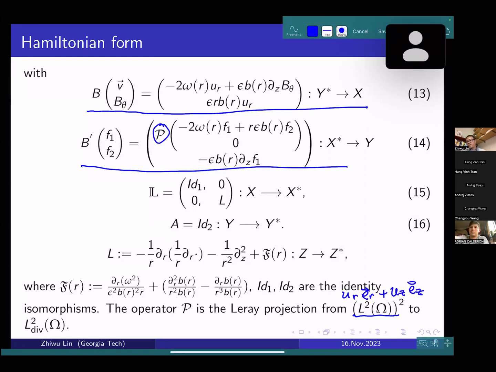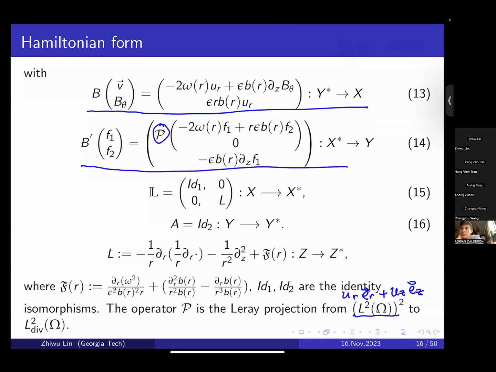So here we project this vector field to the divergence-free vector field. For the divergence-free vector field, it only has R and Z components. You can define such a special Rayleigh projection for this kind of vector field. We call this projection operator P.